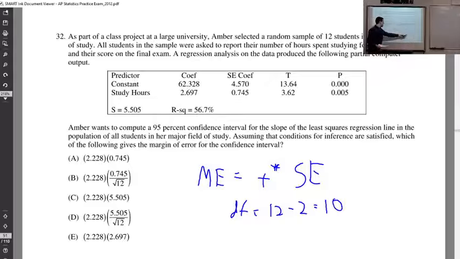So inverse t with a 0.975 and degrees of freedom of 10 should give the 2.228. And then we just need what the standard error is. The standard error, we look in the slope row here, and we want the standard error of the slope, which is the 0.745. No other fancy footwork with the formula. That's all it is.